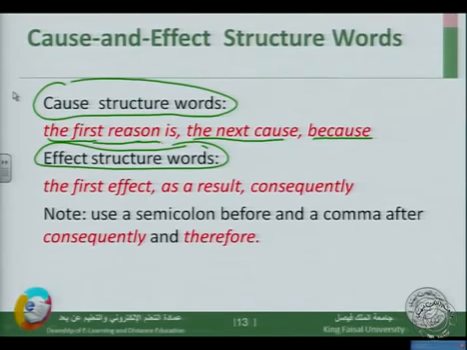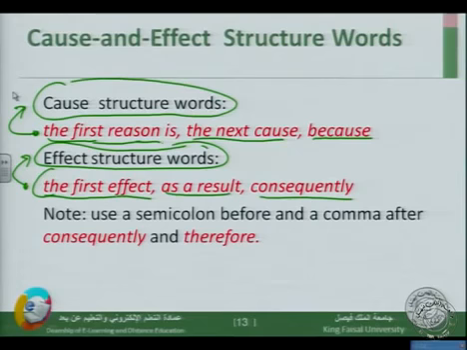In the effect structure, you can use words like the first effect, as a result, consequently. All these words indicate that you are talking about a cause structure, while all these expressions indicate that you are talking about a result, an effect structure.